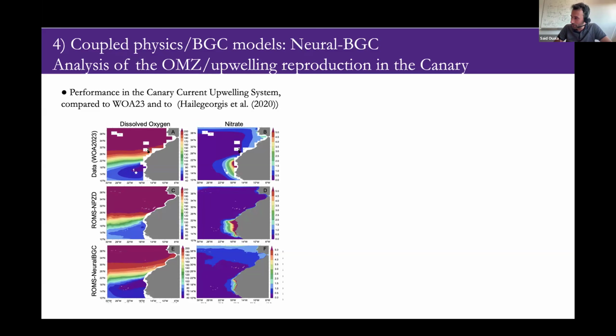So we had some hypotheses regarding maybe the sampling of the observations, because we know that there are fewer observations in the Indian Ocean, particularly around the years 1990. So maybe the model performance was due to the emulator not learning as well in the Arabian Sea as it learned in the Canaries, but it actually was due to something else.